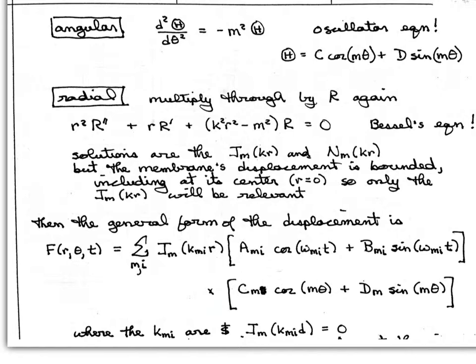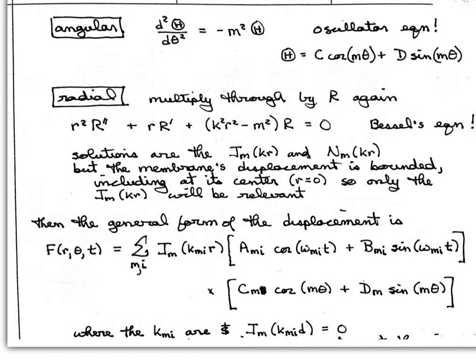We note that the angular part of the solution depends on the second separation constant, whereas the radial and time parts each depend explicitly on the first separation constant. Here there's an explicit factor of k, and here, remember, omega, this frequency, is actually proportional to k.